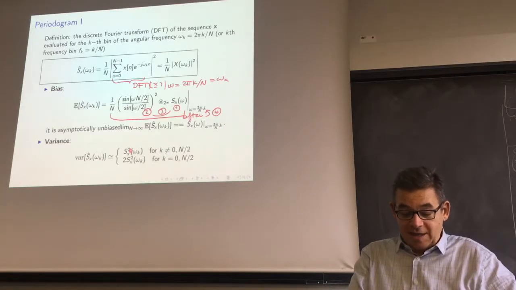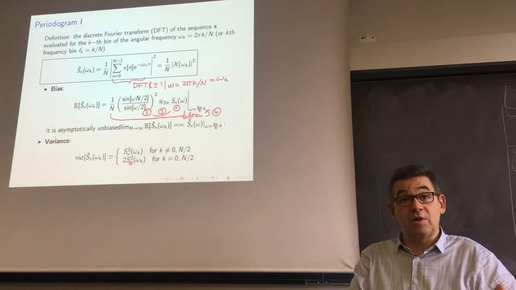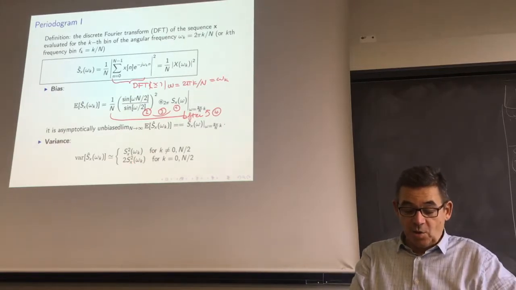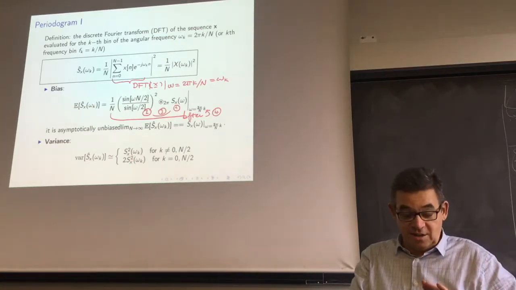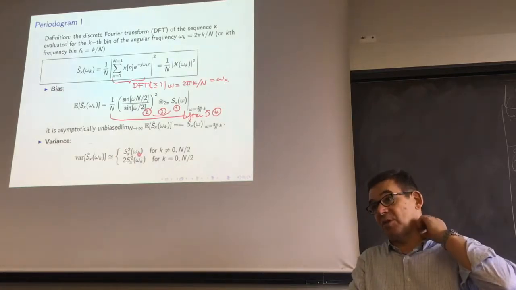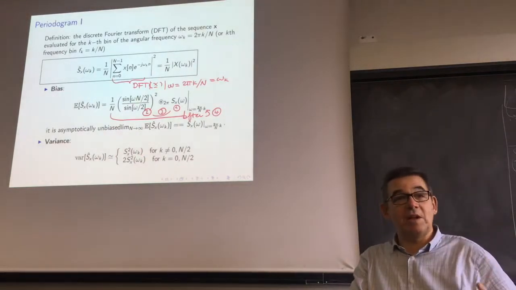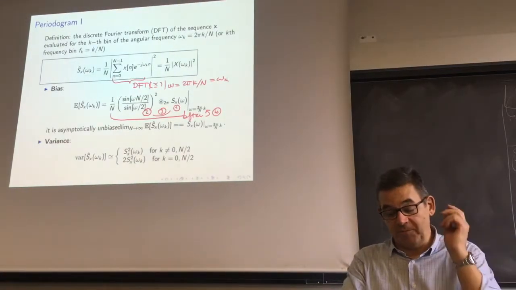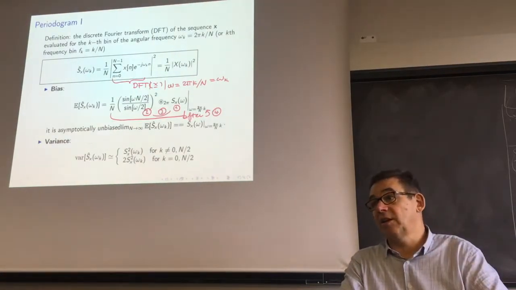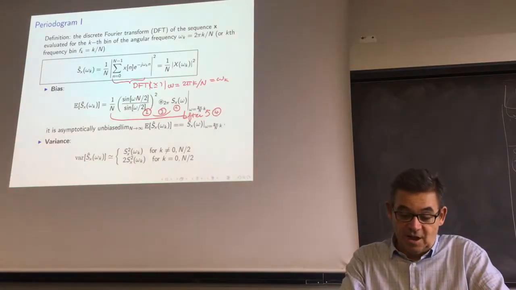It's a square except at 0 and the Nyquist frequency, whenever the Nyquist is present, where the variance is 2 times. Okay, so this estimator is biased, which means it's a disaster, and it has a very big variance, which is even worse. So this estimator apparently is useless and not worth any effort.